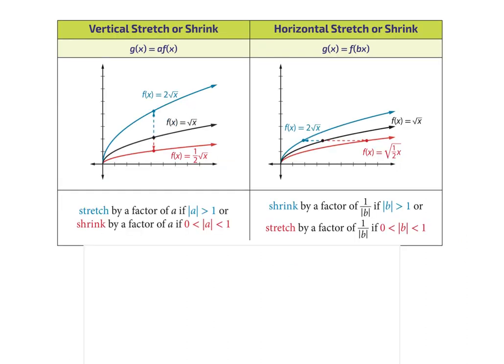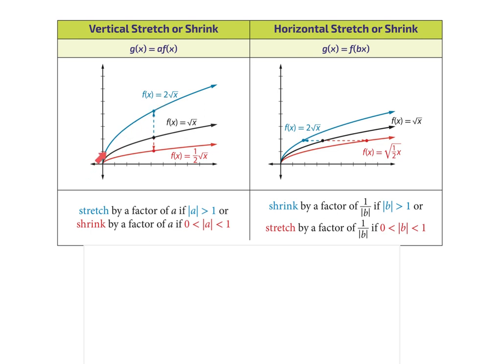If I look at this first graph here, the square root of x, this is my original graph. What happens when you multiply it on the outside here by 2 is I get this pull upwards. Okay, so you can think of every y value after I calculate it here as then being multiplied by 2.